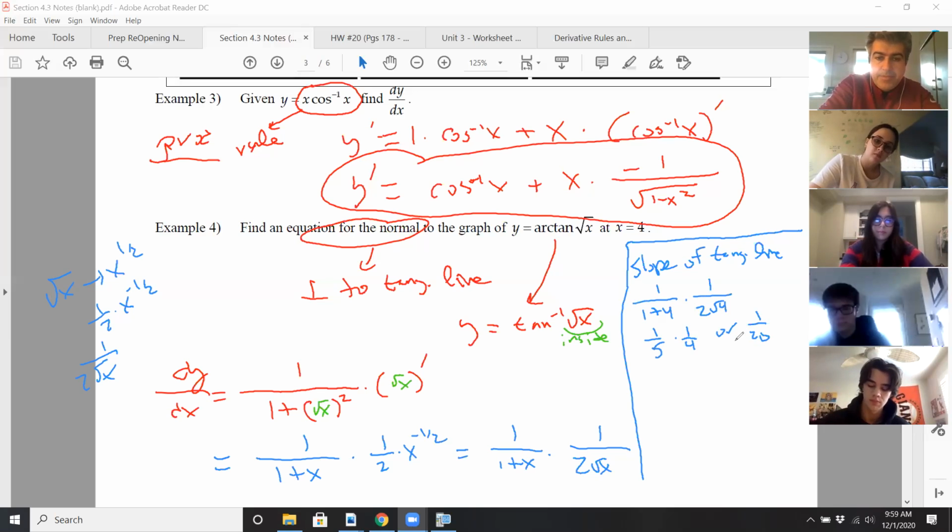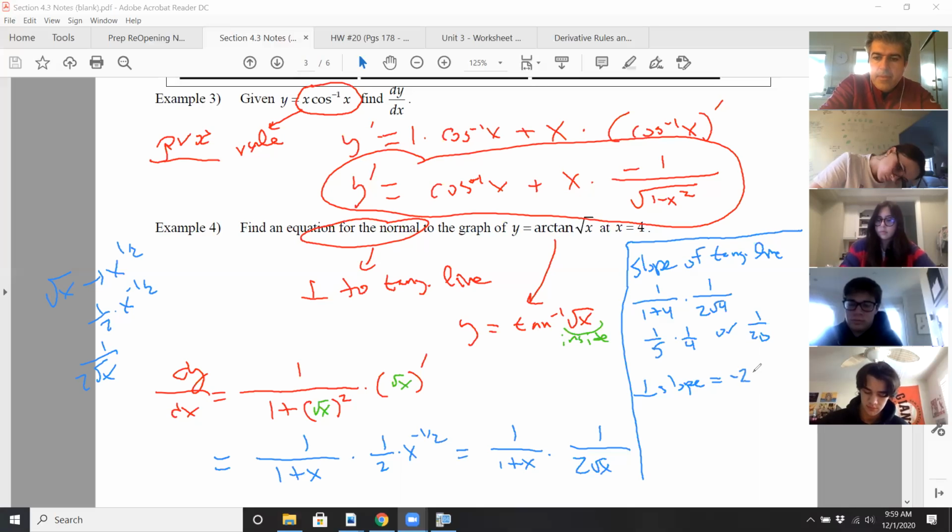However, what will be my perpendicular slope? -20, right? Because you got to do the negative reciprocal. And just make sure I did all that correctly. Yeah. So your normal line is going to be y minus something equals -20 times x minus 4.